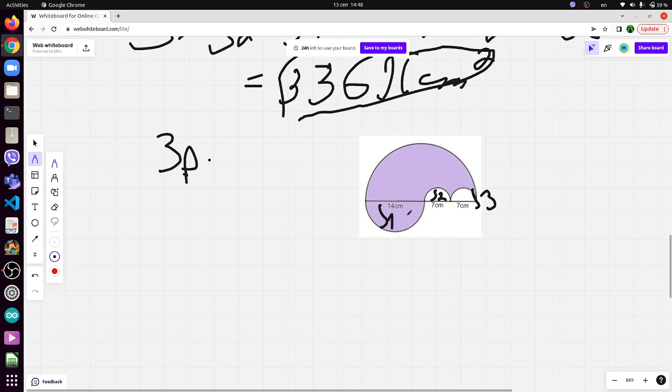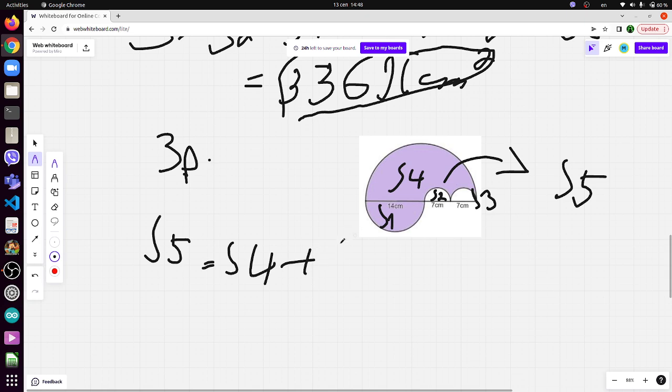The half circle, that circle is going to be O. Let's say that's going to be S4, the second shaded region, and S5 is going to be O. So S5 is going to be S4 plus S2 plus S3.